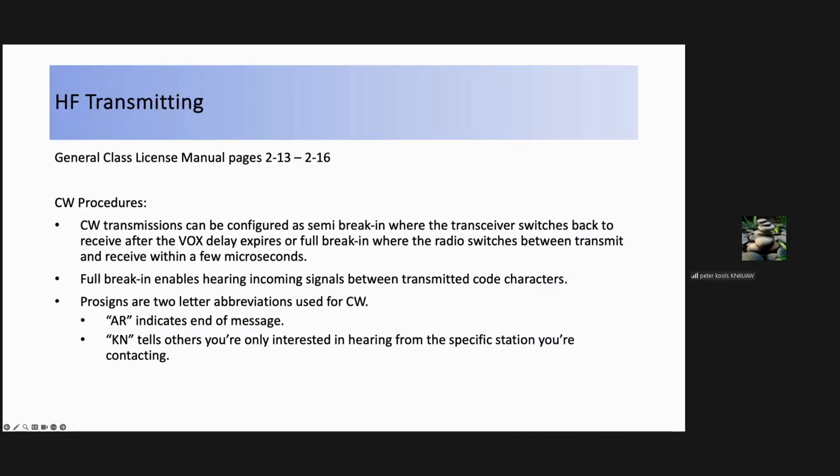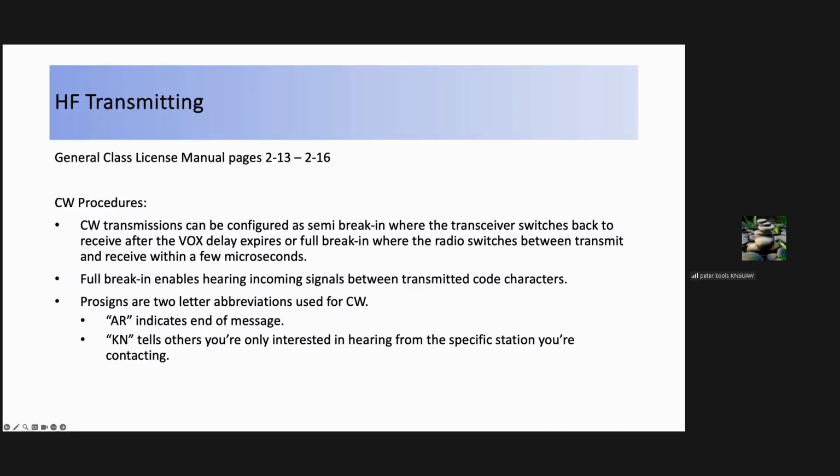So semi break-in is where the transceiver switches back to receive once the VOX timeout period has expired, and that's usually on the order of some milliseconds. Full break-in is where the radio switches between transmit and receive within a few microseconds. So when you're operating full break-in, it gives you the ability to hear other people transmitting CW at the same time that you're transmitting.